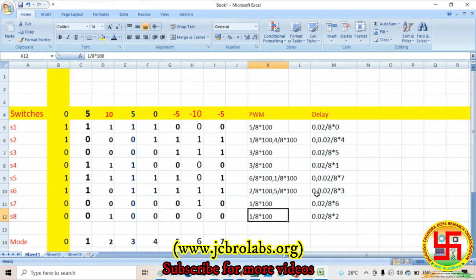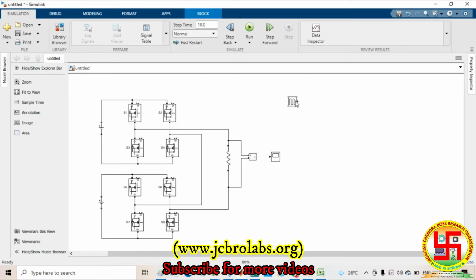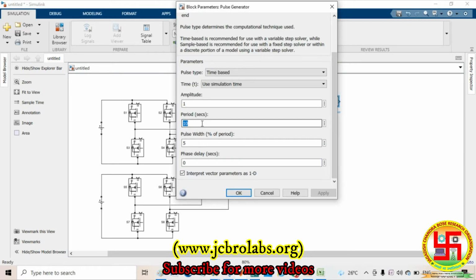Okay, so now these values we keep in the simulation, then it will be okay. Here I took pulse width modulation, right? For S1, 0.02 by 8 into, which we will keep in brackets. This is the time period, right?